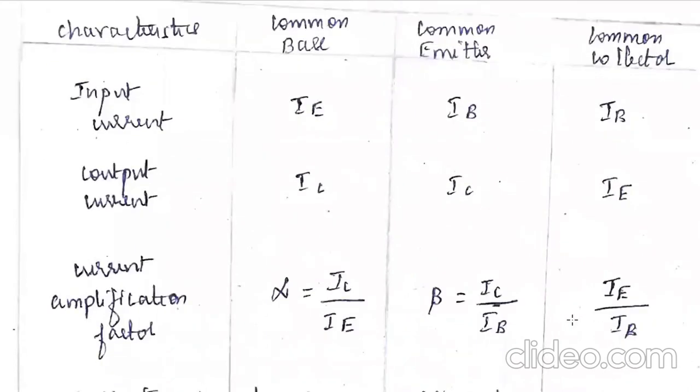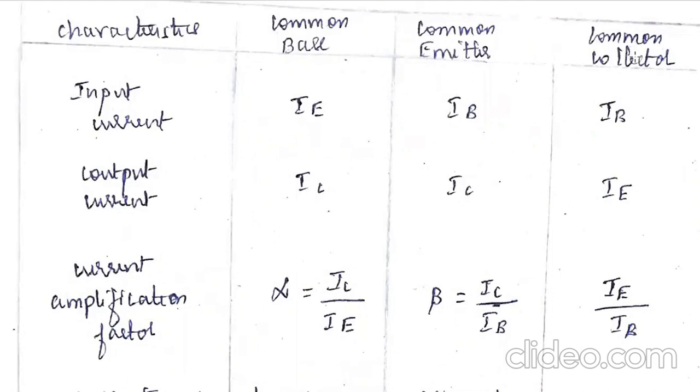Next, let us look at the input current and output current of all three configurations. What is a common base? Common base is nothing but the base terminal of a transistor being common to the input emitter and output collector. Common emitter is the emitter terminal being common between the input base and the output collector.